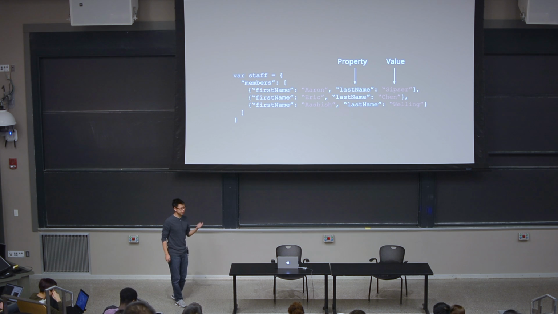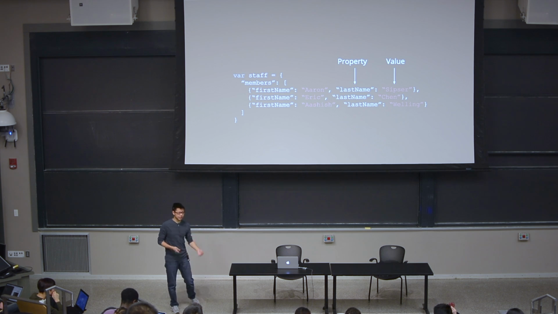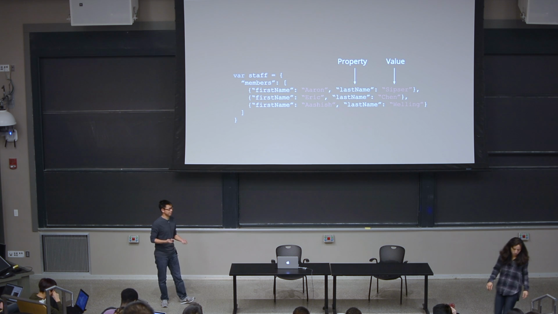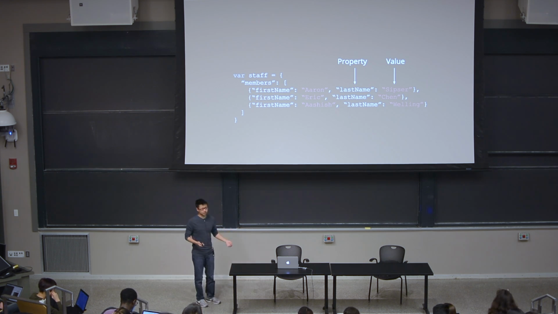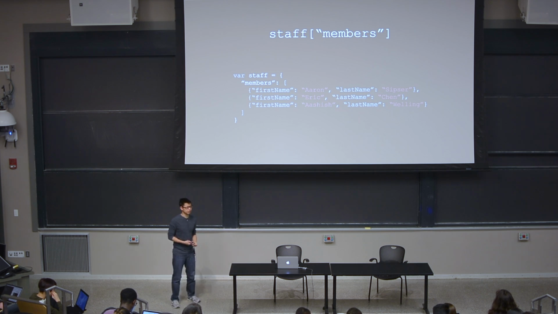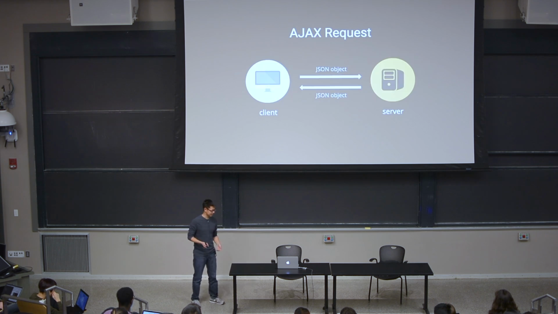Here we have members mapped to an array, and in the array, each element is an object with two properties, first name and last name, and they're mapped to the first name and last name of staff members, respectively. And you can access these values in the same way. You can use the brackets and then the property name. We saw that earlier in the workshop, but we glossed over it. So here's a more formal introduction, I guess.